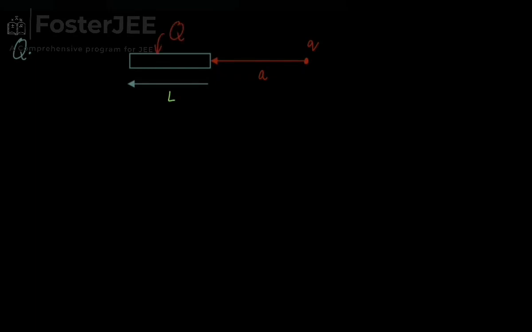The question says, we have a rod whose length is L. Now, there is a charge Q placed at a distance A from this end of the rod, and a charge Q is distributed uniformly over the entire length of the rod.